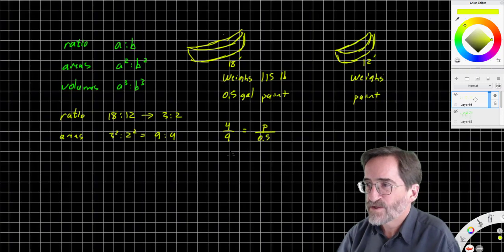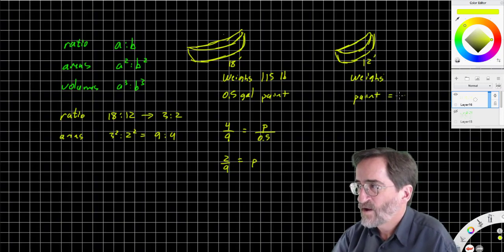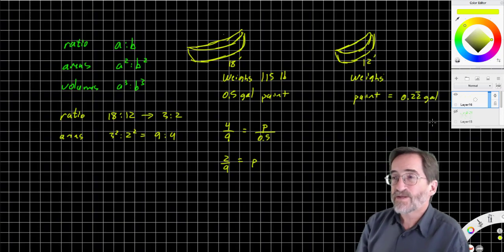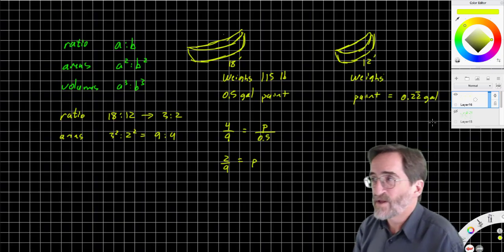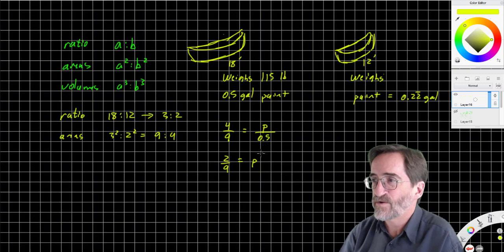Half of 4 is 2. And we would use 2/9 or 0.22 gallons of paint. So that's less than half the original amount of paint.